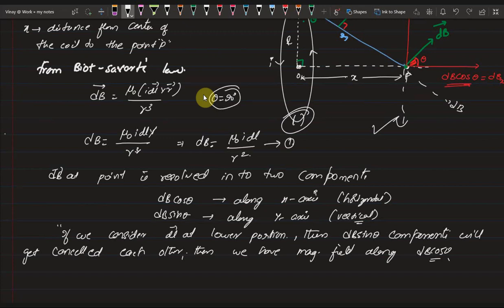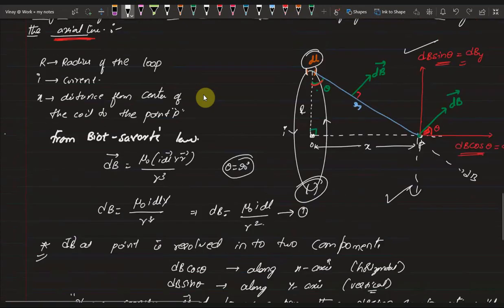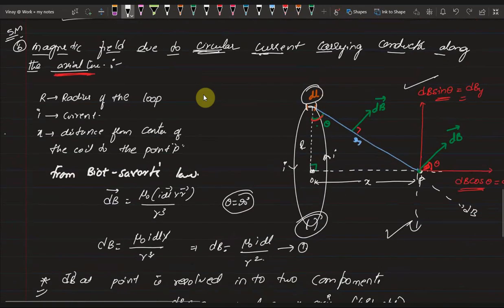Do you understand this point, students? This is the most important point in this entire derivation. So dB is resolved into two components, dB cos theta and dB sin theta. But dB sin theta components will get cancelled because current passes through the entire conductor, right? Current flows through the lower portion and the upper portion.